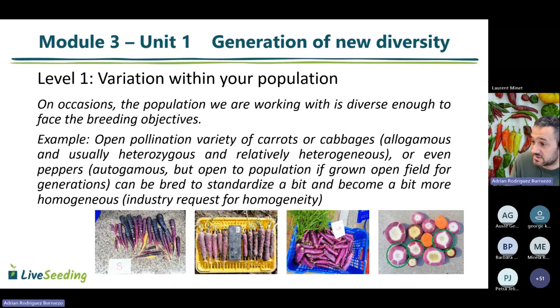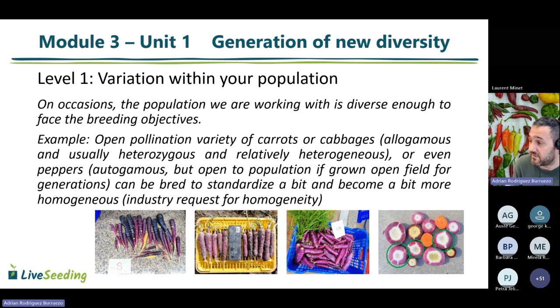Okay, this is the case of open pollination varieties, maybe carrots, maybe cabbages, which are allogamous crops, then open to open pollination. And because of that, they are usually heterozygous, and therefore the populations which are exposed to open pollination, not very intense selection.